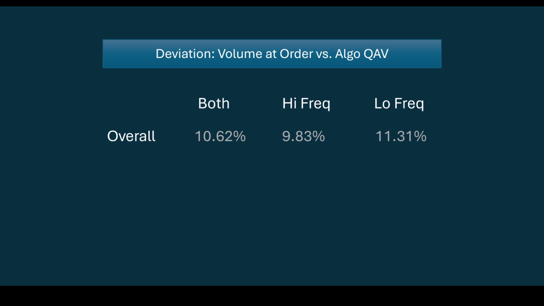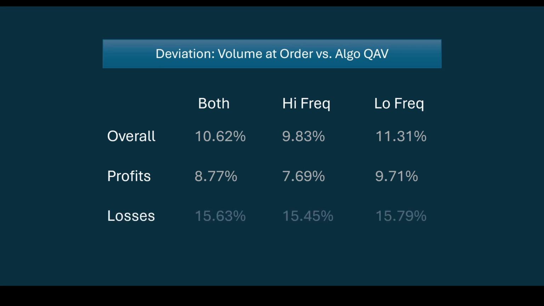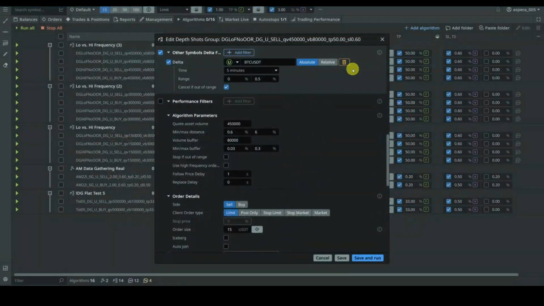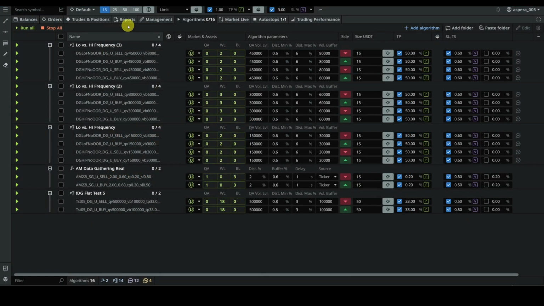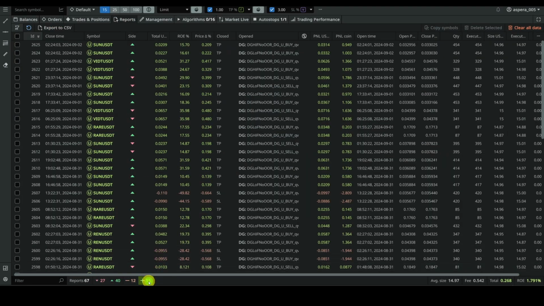If you only take the profitable trades, the average deviation is noticeably smaller all across the board. And if you take only the losses, the deviation shoots up to over 15% for each category. These numbers prove what I guess is intuitively understood. The closer your QAV setting is to reality, the better your chances are at taking a profit.